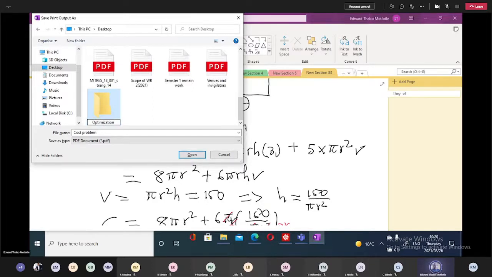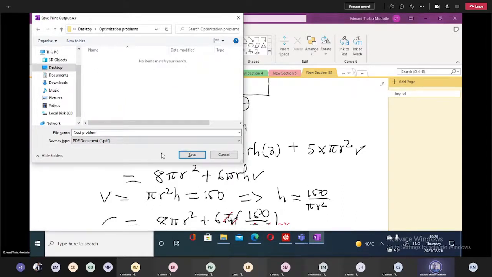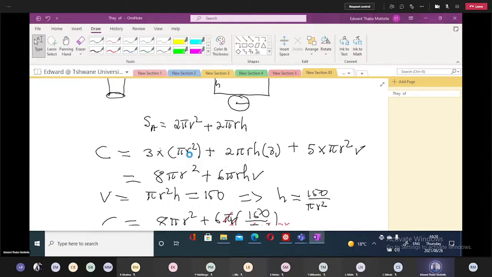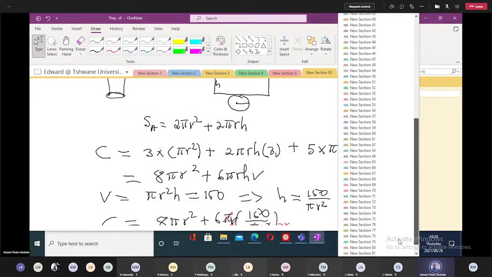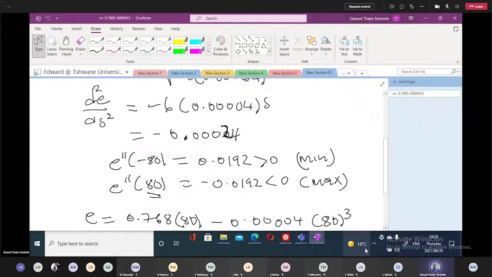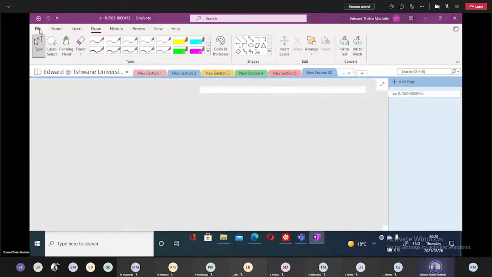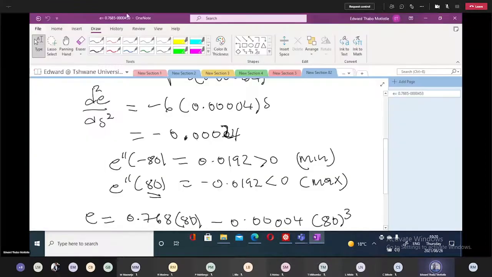Optimization problems. Okay. This one is number 83. Let's go and check the other one. 82. And then this one, what are we solving here? An efficiency problem.